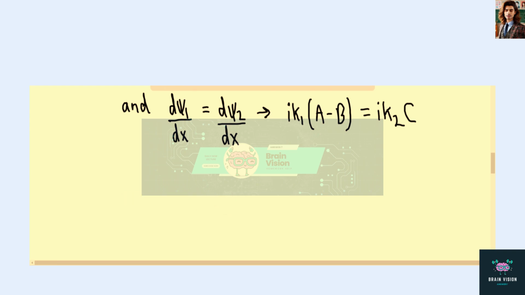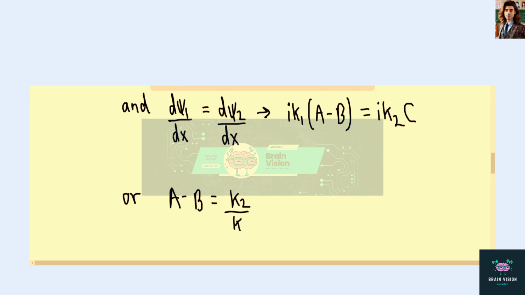So continuing on, we can rewrite our conditions as follows. We can take the a minus b condition, which is our second condition, and divide both sides by ik1.